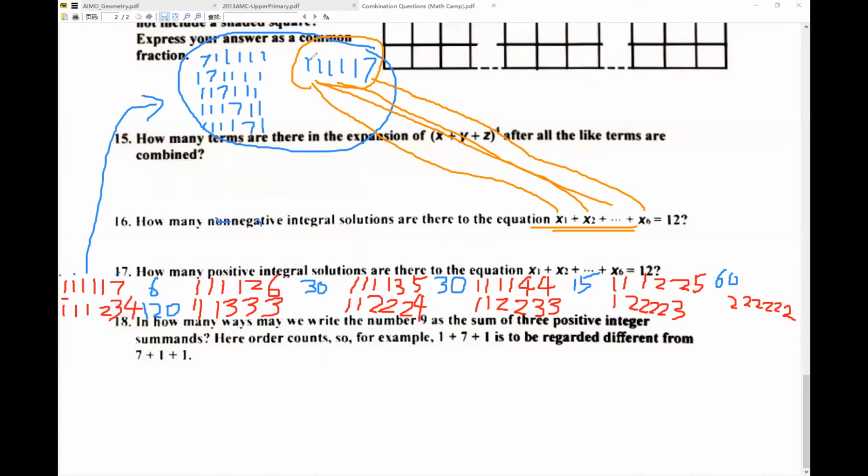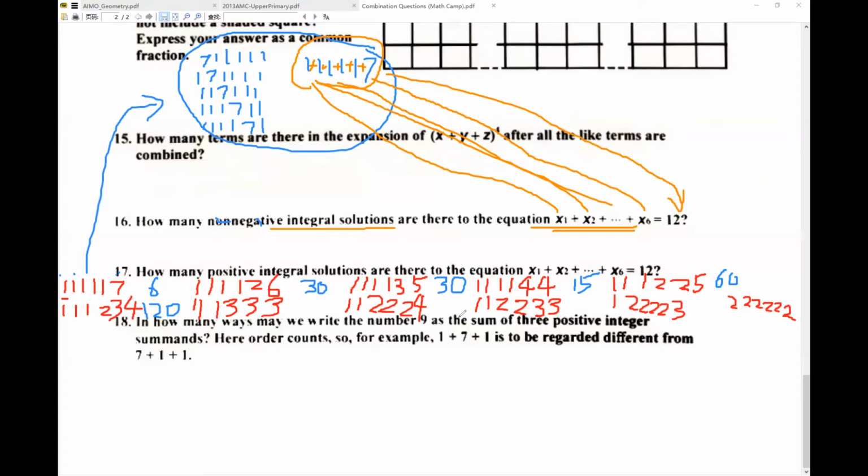Okay, you have to add, no problem. 1 plus 1 plus 1 plus 1 plus 1 plus 7. What's the result? Add them together. 12? Yes. So, did you see that? The answer is 12. That's one of the solutions.